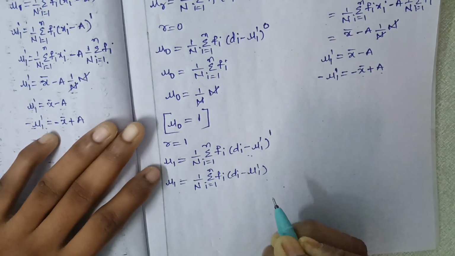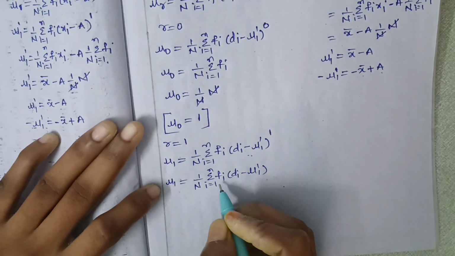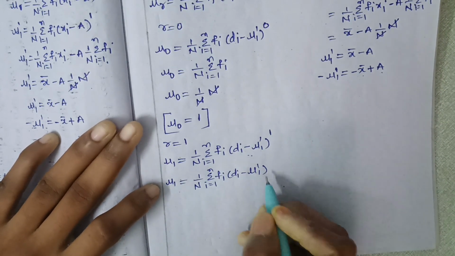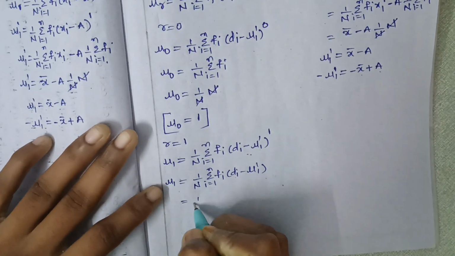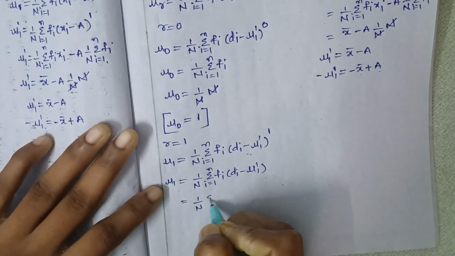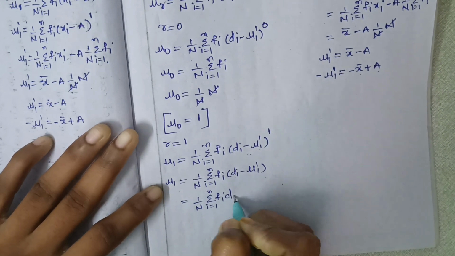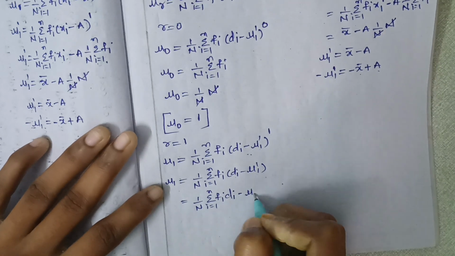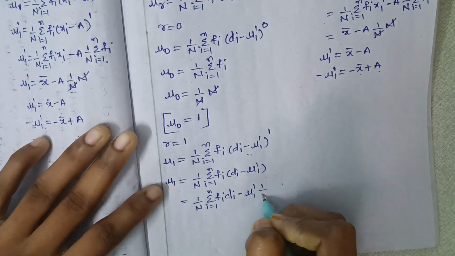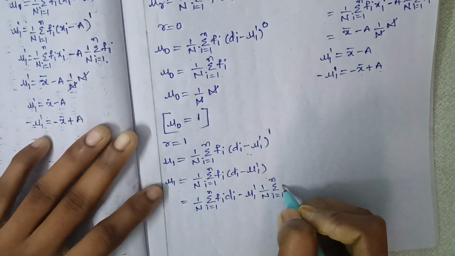mu1 dash). So multiplying this 1 by n summation i equals 1 to n fi into (di minus mu1 dash), we get 1 by n summation i equals 1 to n fi di, and here mu1 dash is constant. So we write it outside, and 1 by n summation i equals 1 to n fi.